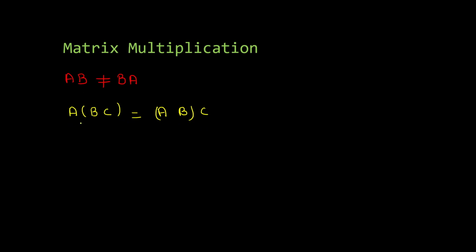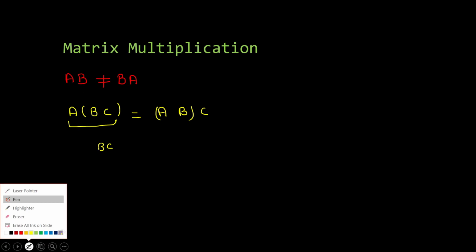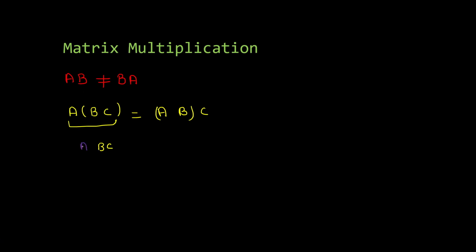So if we are multiplying in this order, first of all we are working with matrix C and multiplying it with matrix B. So BC is the resulting matrix we get. Then we apply matrix A on the result, so we are doing A multiplied by the product BC, right?